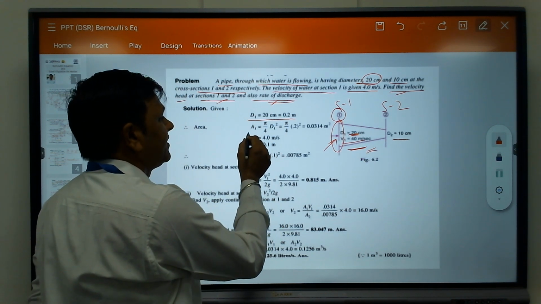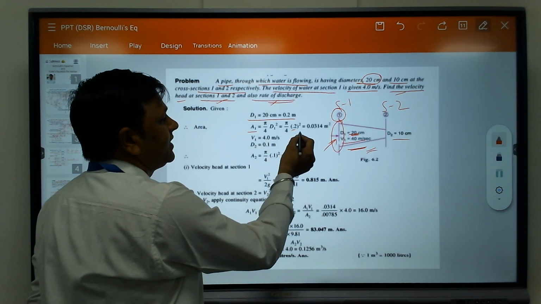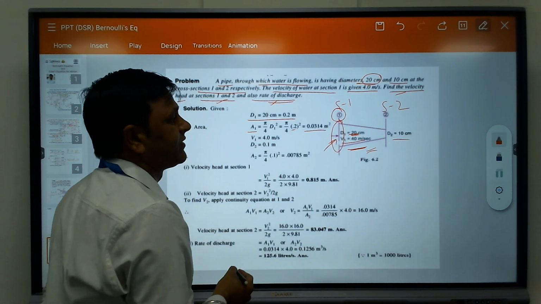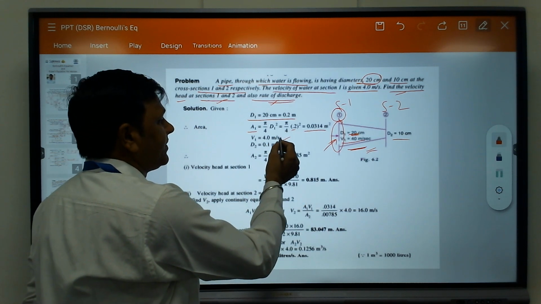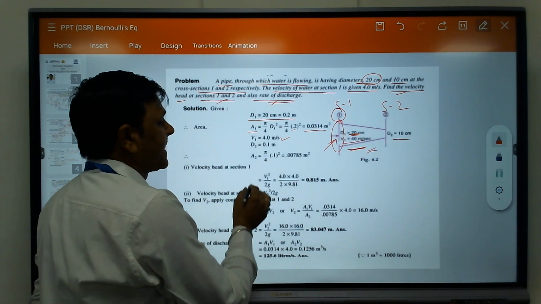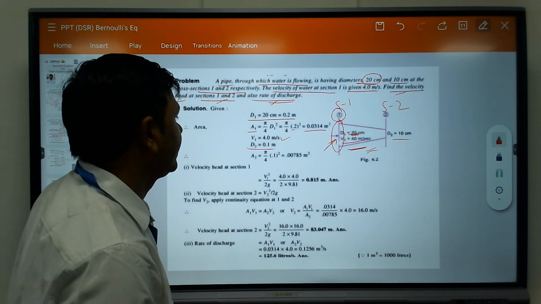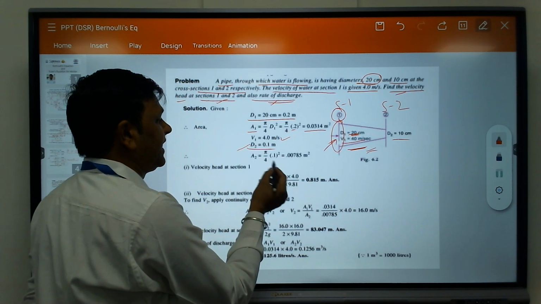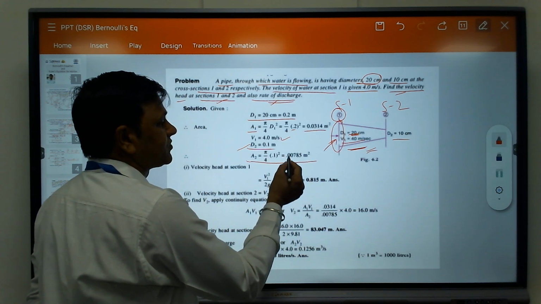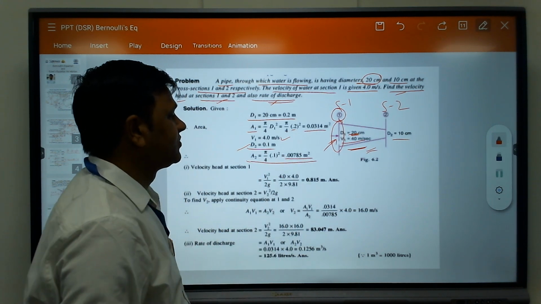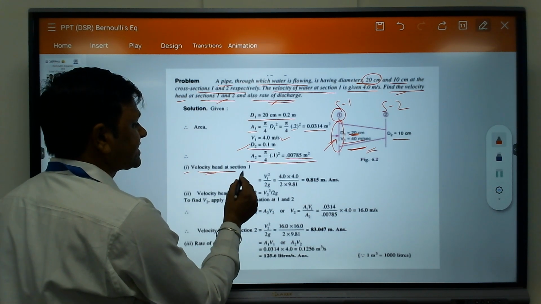Using this diameter, we can find the area, pi by 4 d1 square, pi by 4 into 0.2 square, which gives 0.0314 meter square. Velocity v1 is 4 meter per second, which is given in the problem. Diameter d2 is 0.1 meter, which is also given, and using this diameter we can find the area at section 2. A2 is equal to pi by 4 into 0.1 square, which is 0.00785 meter square.